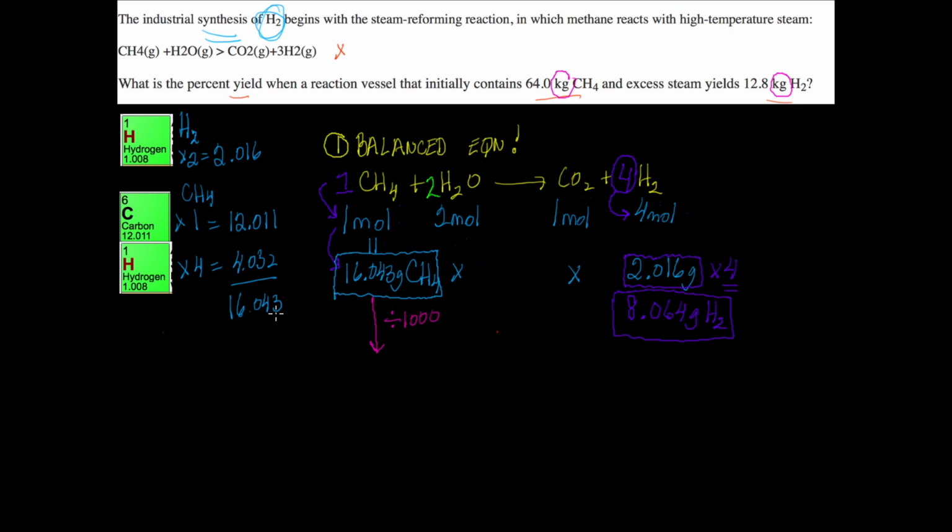What I get here is 0.0160, and some other numbers there, but I'll just leave that off, kilograms of CH4. And if I convert that to kilograms, it might be easiest to write 8.064 times 10 to the minus 3, and that's kilograms of H2.